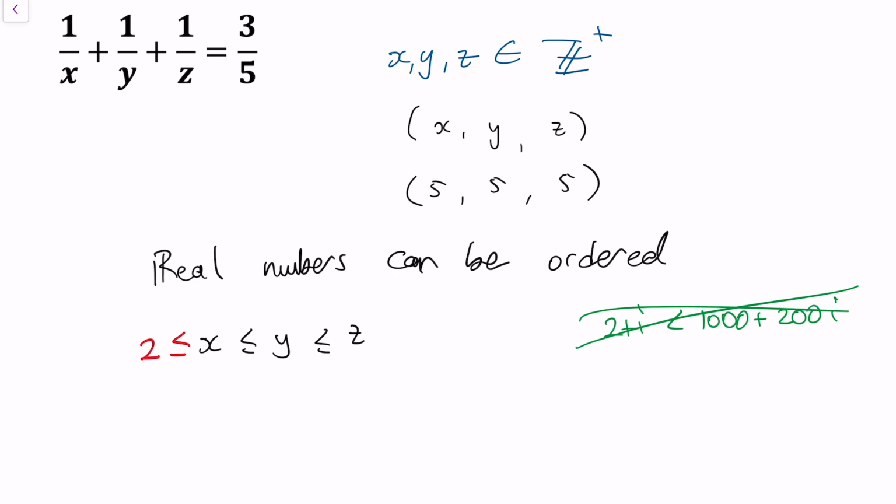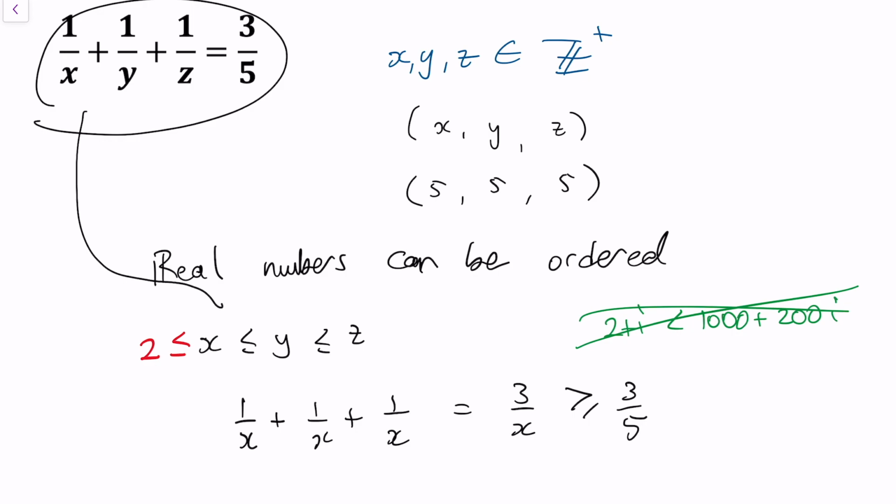So, now that we have this inequality, instead of 1 over x, 1 over y, 1 over z, we can just replace all y and z by x. Well, that will give us 3 over x. That will mean it will be greater than or equal to 3 over 5, isn't it? I'm using this combined with x being less than y being less than z, as x is the smallest number, and then 3 over x will have to be greater than or equal to 3 over 5, right?